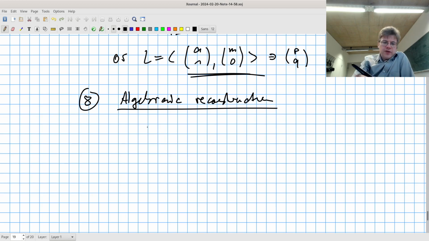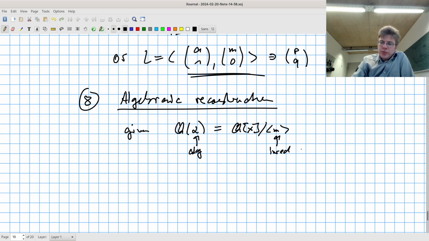I assume I have given an algebraic number field Q(alpha) where alpha is algebraic. So that means this is Q[x] mod m, some m irreducible polynomial over x.